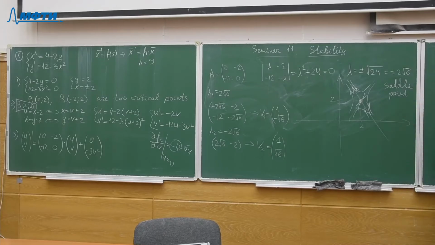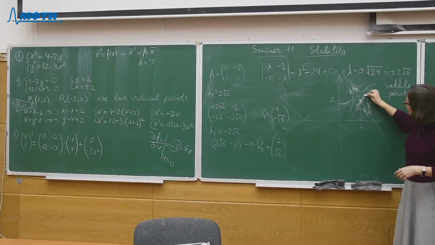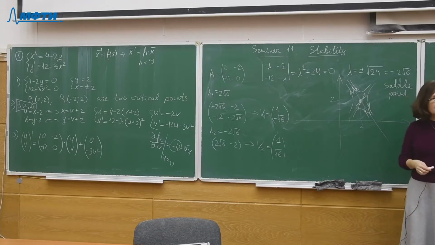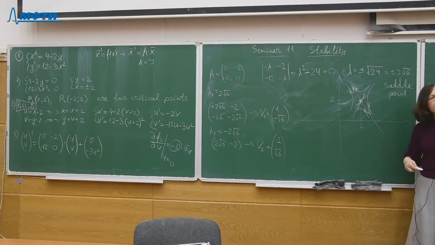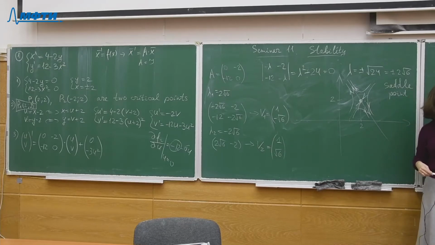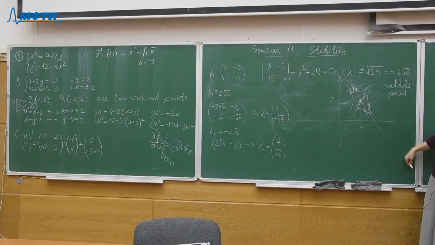And it is unstable. This critical point is unstable because there is no neighborhood of this critical point such that if we start from a point in this neighborhood, we will remain within this circle. For example, if we start from a point on the line determined by these vectors, we will remain on this straight line, but we will go away from this critical point, so it is unstable.